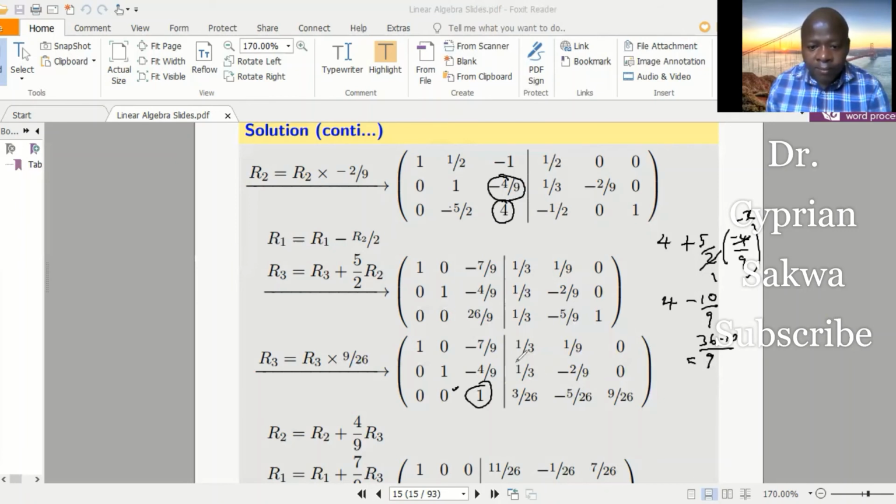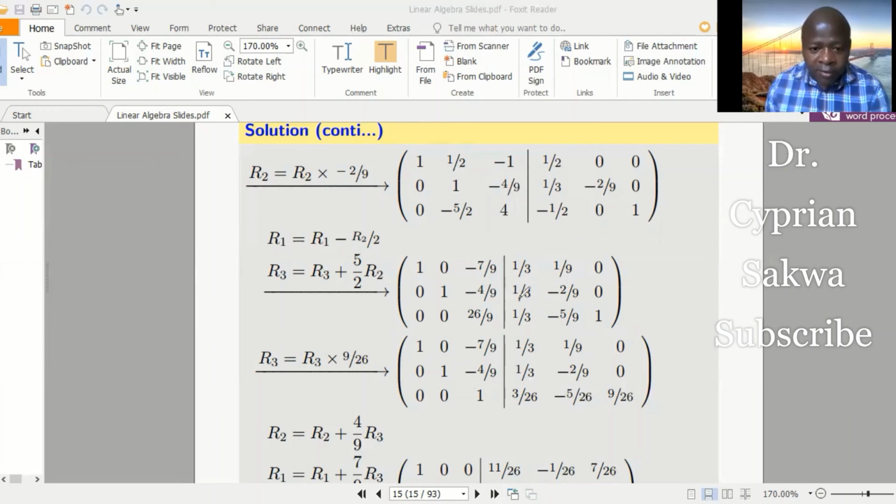Which one was that? Where are we? Yes, that 26/9 here. I think I was pointing at a different value. It's this 26/9.